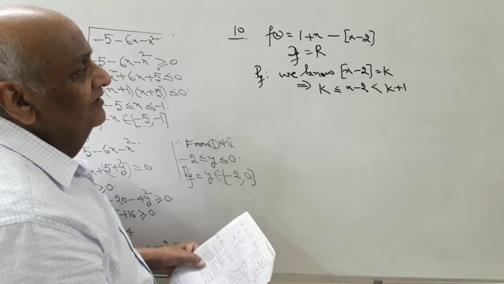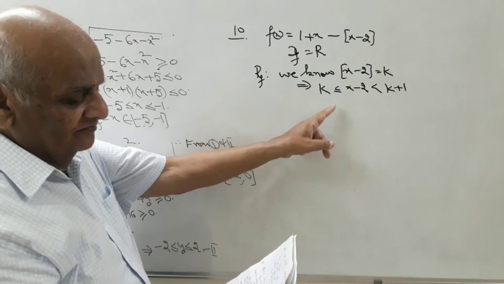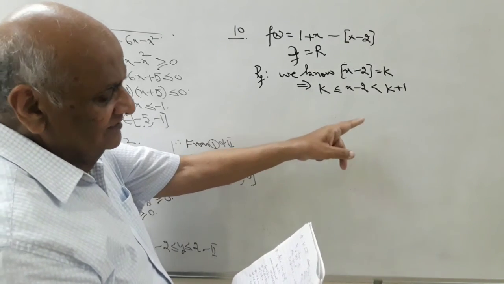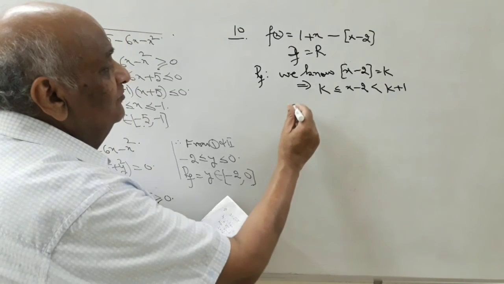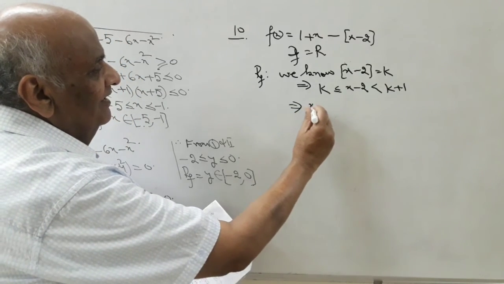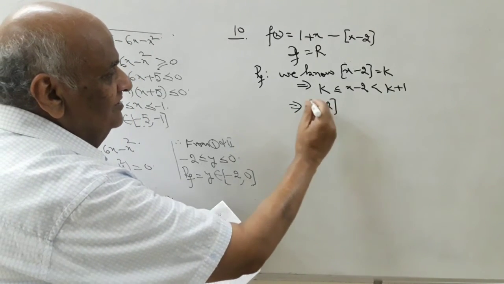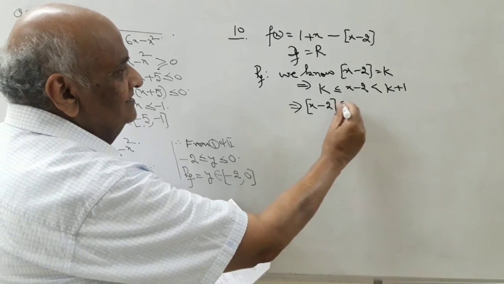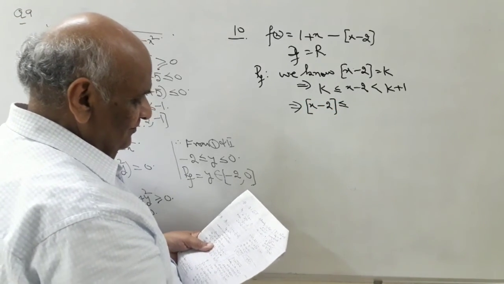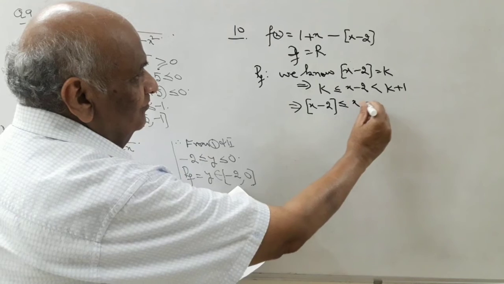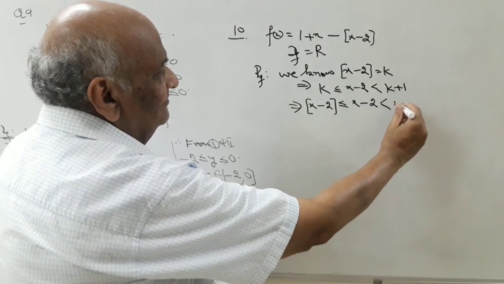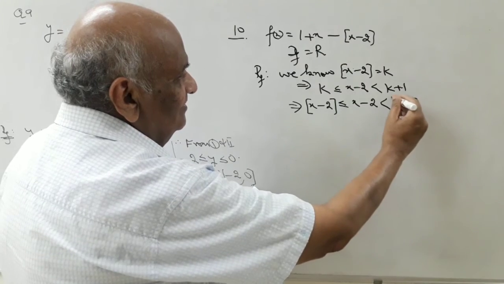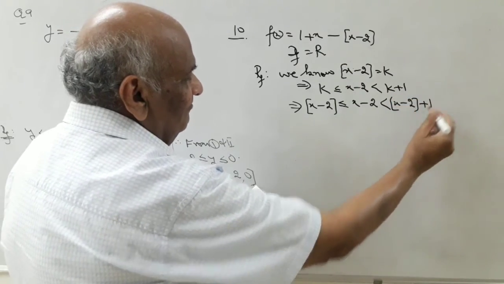We have k ≤ x − 2 < k + 1. I can put the value of k here. This implies [x − 2] ≤ x − 2 < [x − 2] + 1.